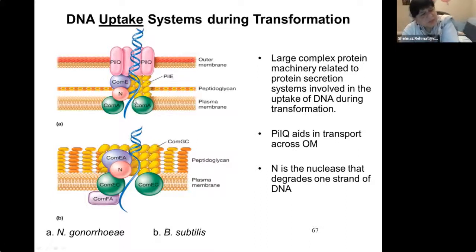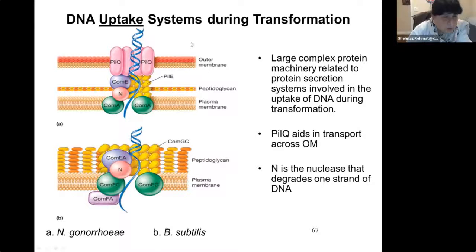I must mention that you have to be very clear about the term cell wall versus the cell envelope. The cell envelope is made up of the plasma membrane, the cell wall, and even the capsule. These are all considered to be the cell envelope.